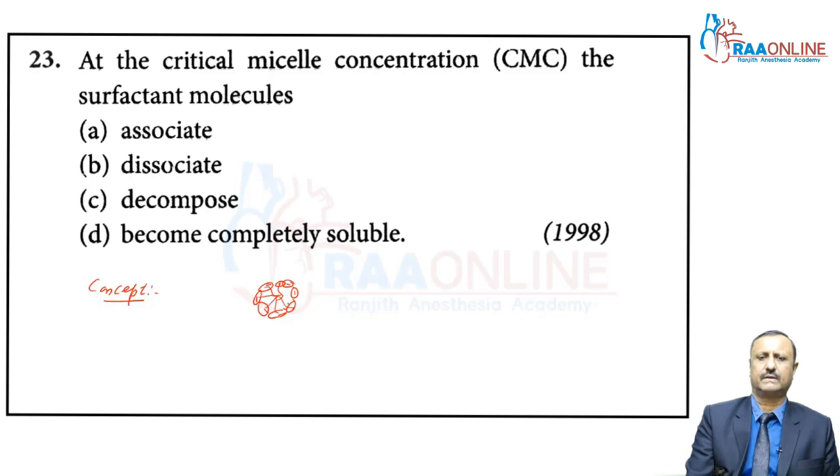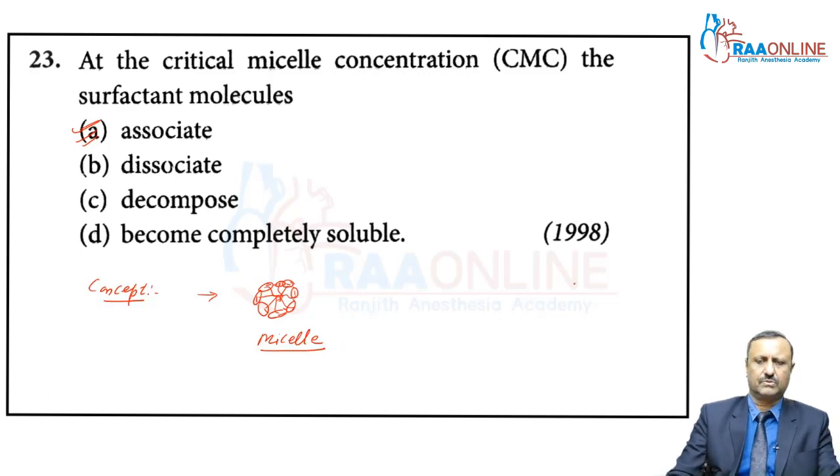This is called a micelle, and this is the tail and head. So, what are these, dissociated or associated? You can see here this micelle, when the micelle forms, these are associated. So, you can go to answer A for question number 23. My dear students, this question was also asked in 1998.